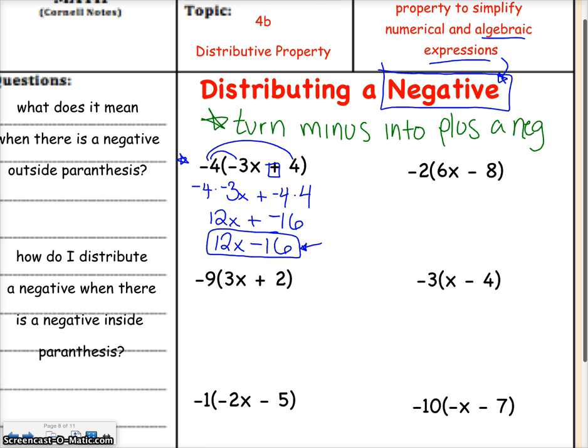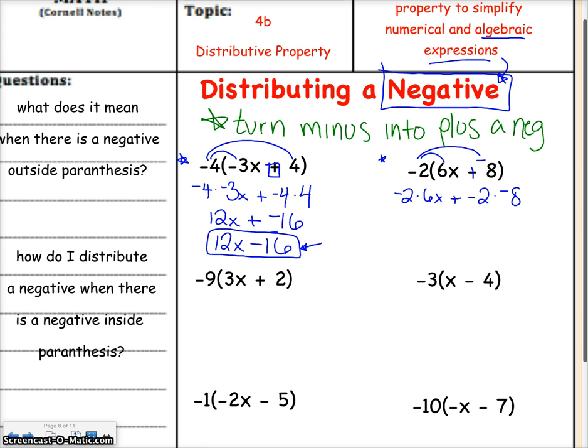Okay, the second example, we have negative 2 parentheses 6x minus 8. Here I do need to turn my minus into plus a negative, so I'm going to plus a negative 8, and now I'm going to go ahead and distribute. This is negative 2 times 6x plus negative 2 times negative 8.